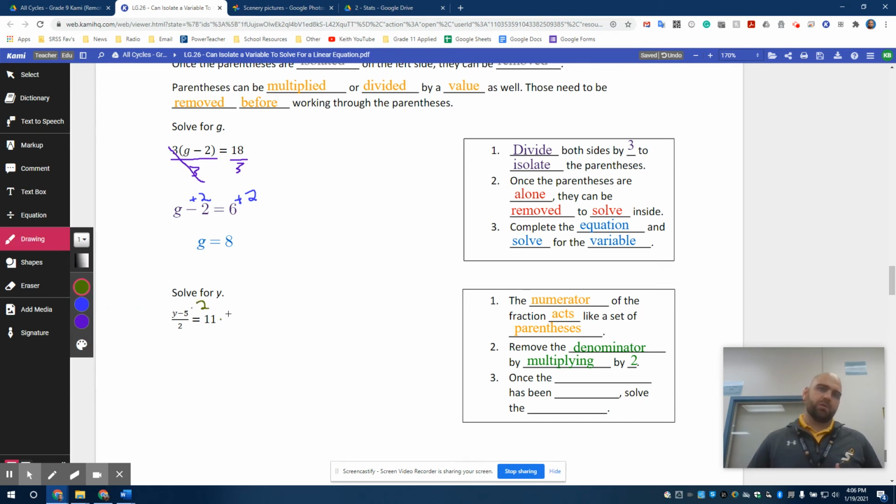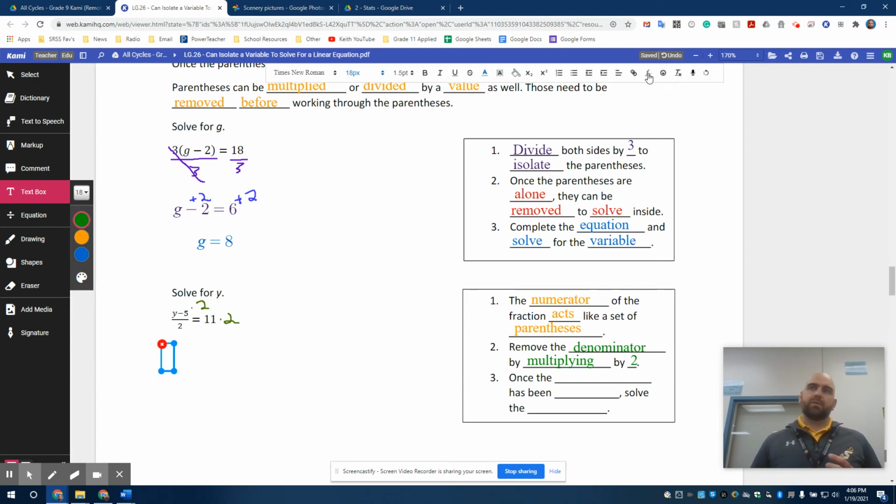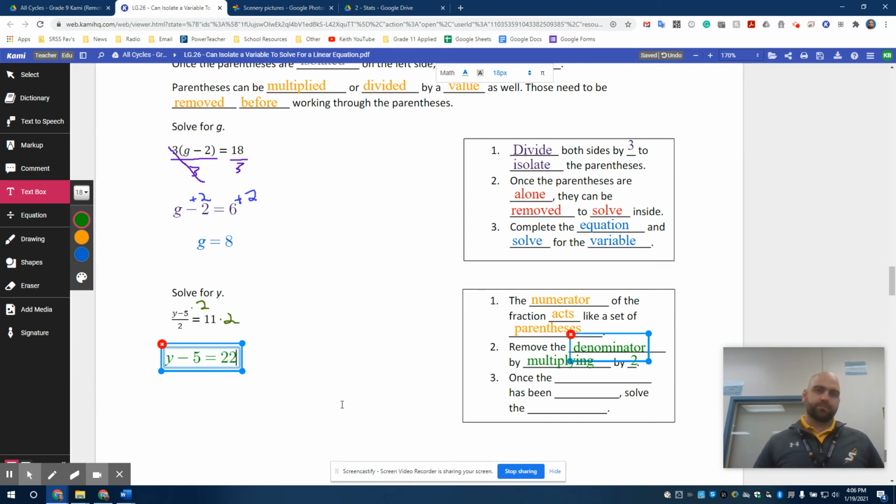You notice I'm using this little dot instead of that x. That's a little bit cleaner, a little bit nicer. When we multiply by 2, remember that we had that y minus 5 in brackets, but now because it's going to be all by itself, we can just leave it the way it is. And 11 times 2 is 22.